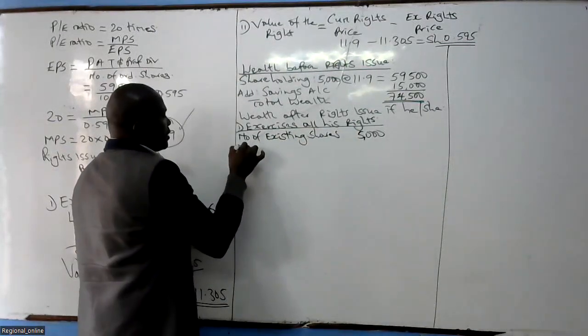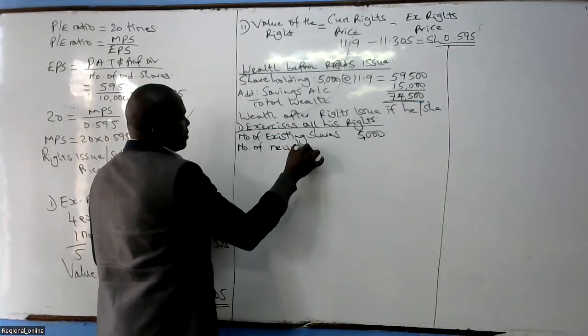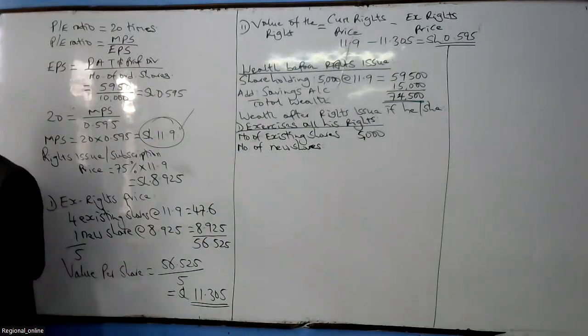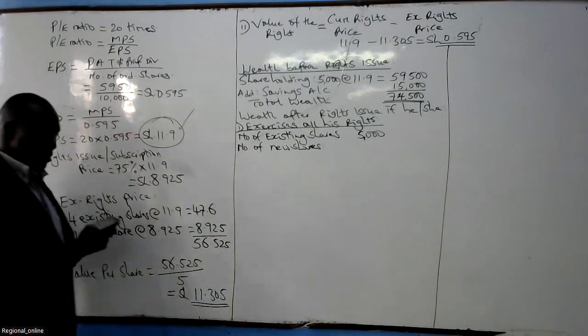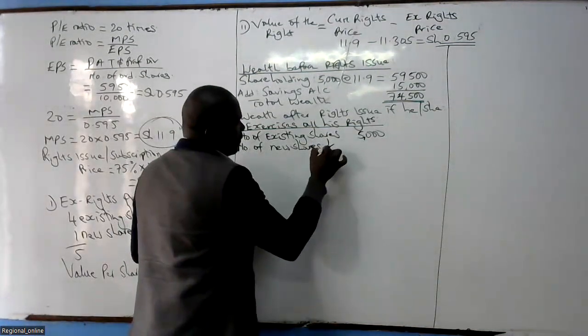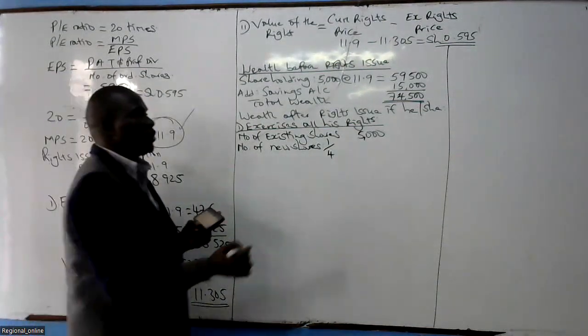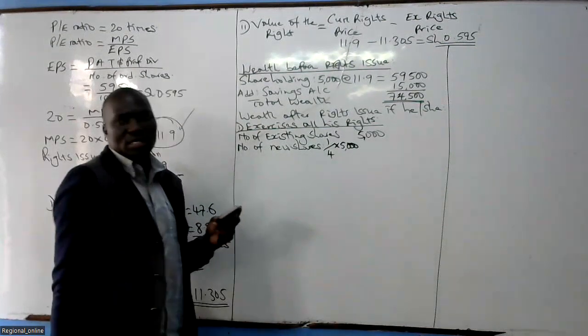Do we have the number of new shares? How many shares will give you one new share? It is 1:4. So you are getting one share for every 4 that you have, out of a total of how many that he has? 5,000.